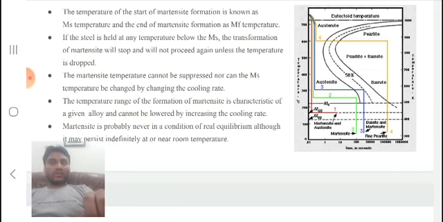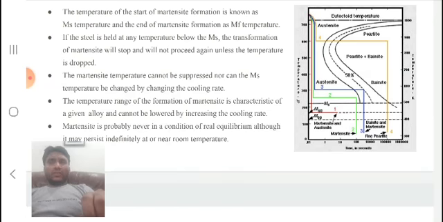Just because of these microstructures, the steel can have different mechanical properties with different cooling rates.